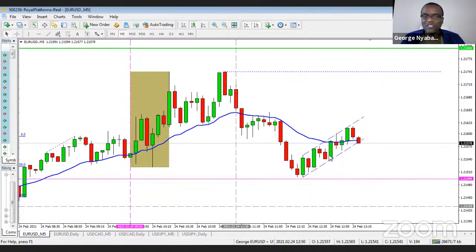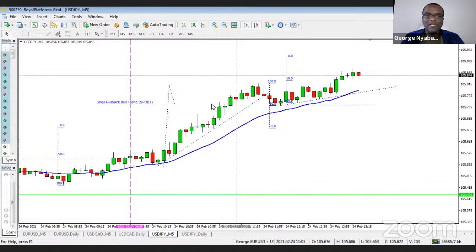As this formed, because we're talking elsewhere, this pattern created is another example of a small pullback bull channel. Remember, we had this on the yen, a small pullback bull trend where it's very hard to jump in. It's very hard to jump in if your strategy is to trade clear pullbacks to the moving average.